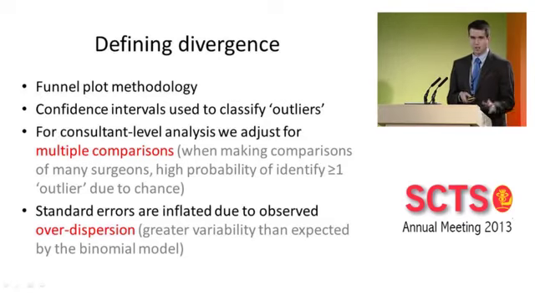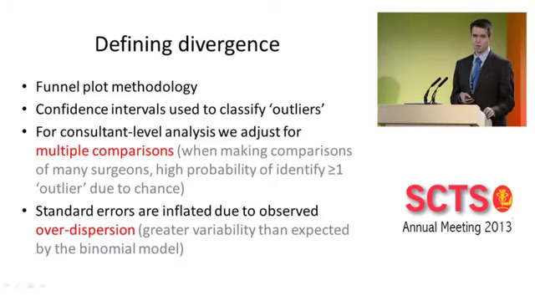There are a couple of technical issues that are quite important that are listed here. The first one is for consultant-level analyses, when we're trying to compare surgeons, we have an additional level of classification, this red outlier, if you will. The idea is that we have a one-sided confidence interval that's corrected for multiple comparisons.